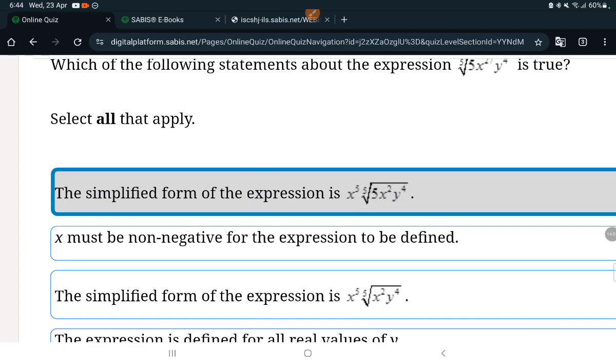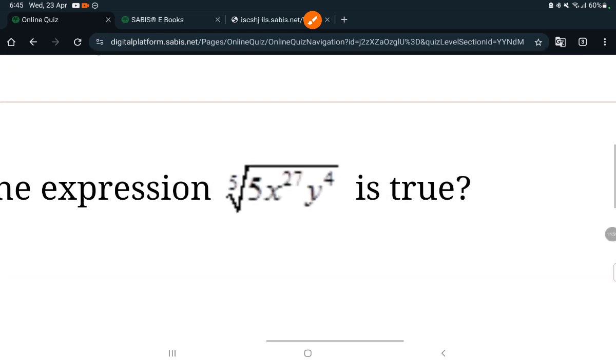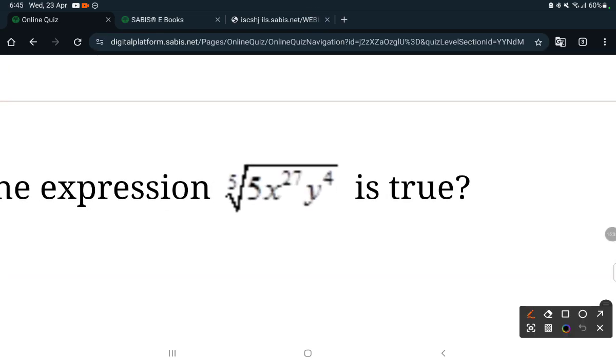Okay. Now, x must be non-negative for the expression to be defined. Well, that's wrong, because when you have an odd index, which is the number over here, you don't need a non-negative number inside the radical. It's fine if this is negative.